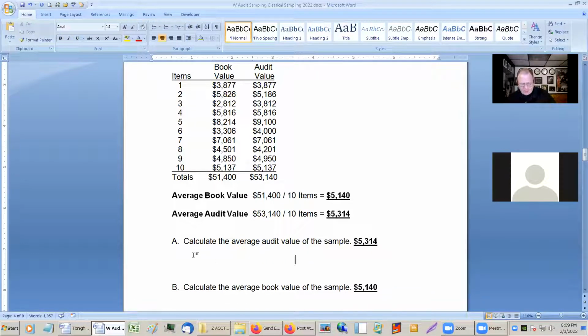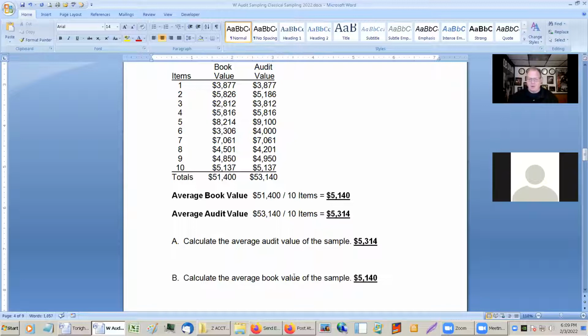And I think I talked about this before, maybe I didn't. Which amount is more persuasive? Which amount is something we'll rely upon more, the audit average or the book value average? Audit. Yeah, the audit.